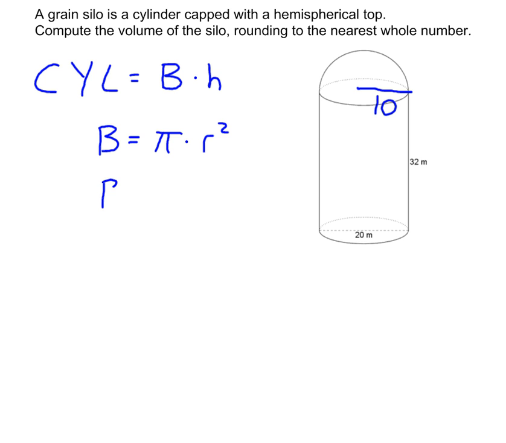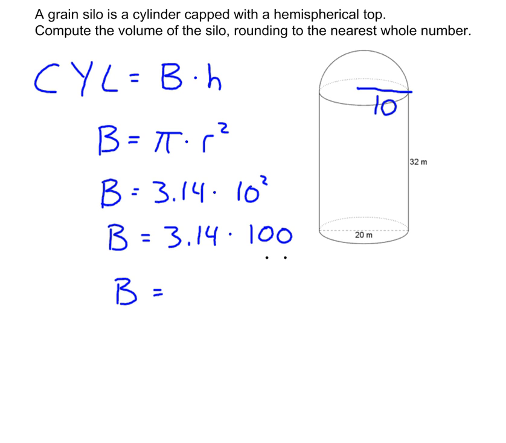So we'll plug that in. So pi is 3.14. The radius is 10. So we'll go through and do the exponents first. 10 squared is 10 times 10, which is 100. Now 100 has two zeros, so that'll move the decimal point over 2 places to 314.